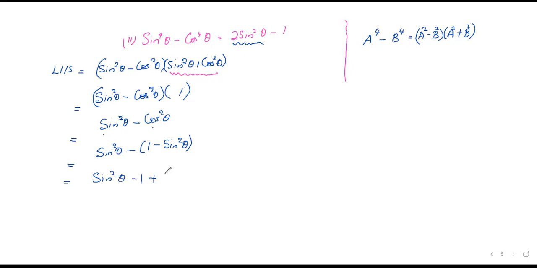Negative times negative is positive, and that will be sine squared theta. These are like terms. Sine squared theta plus sine squared theta is going to be 2 times the sine squared of the angle minus 1. Therefore, we have proof that the left-hand side is equal to the right-hand side.